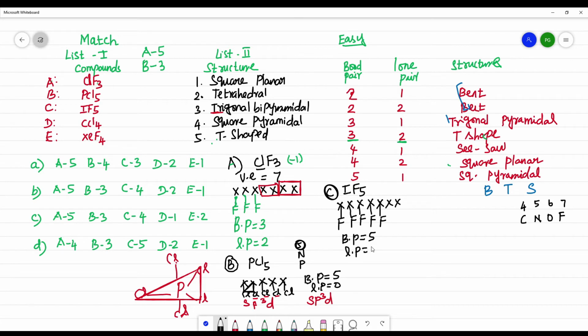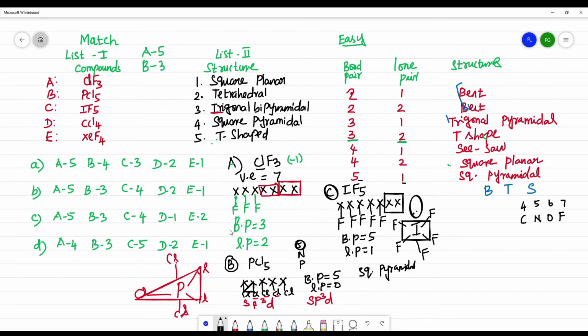The lone pair is 1. So if you have bond pair 5 and lone pair 1, what is the structure? It is square pyramidal. So I has 4 corners, 4 atoms and this is 5, and the lone pair of electrons will occupy this position.